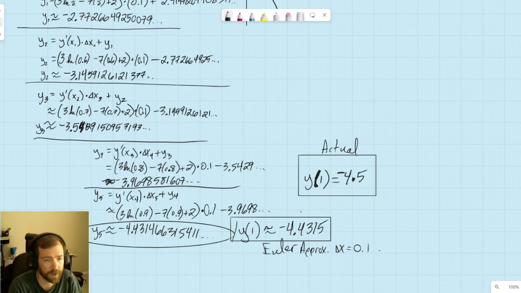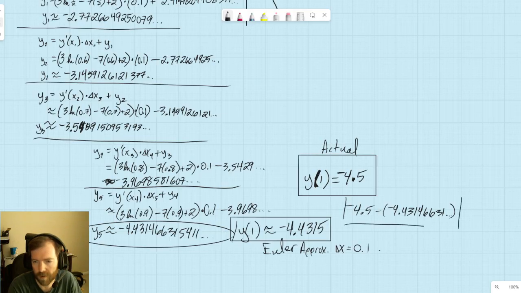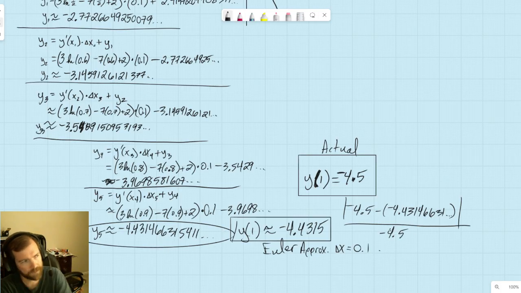All right, so then we can look at this and say, how good is this? So this is going to be our negative 4.5 minus negative 4.43146631, etc. Absolute value divided by negative 4.5, right, over actual.